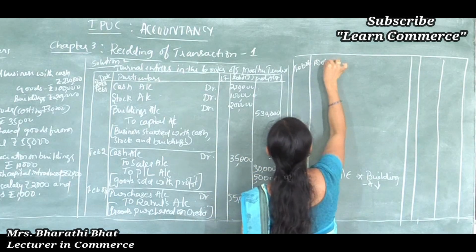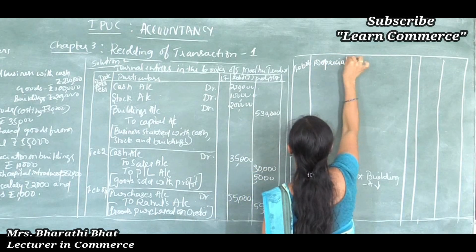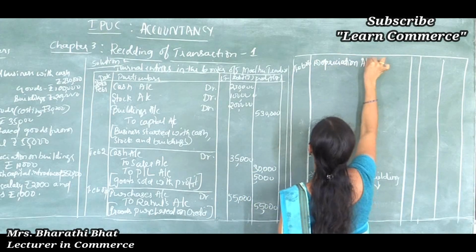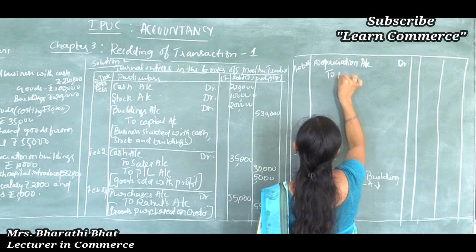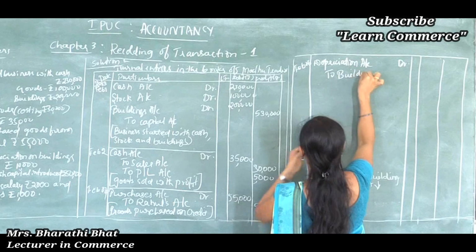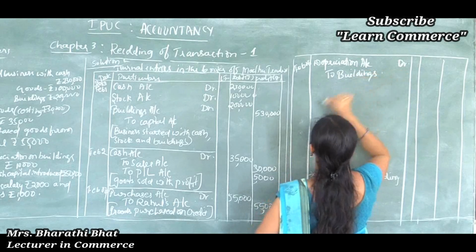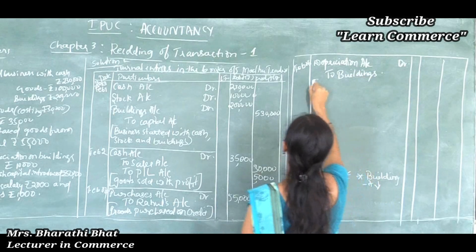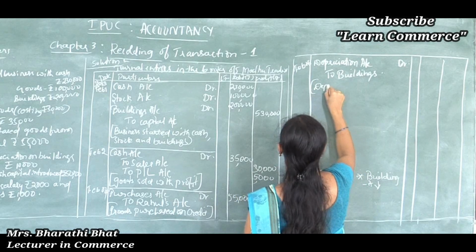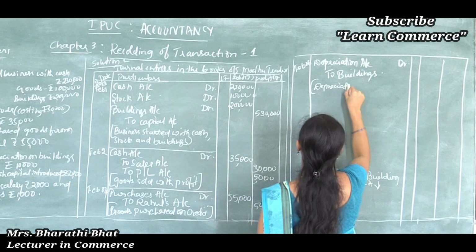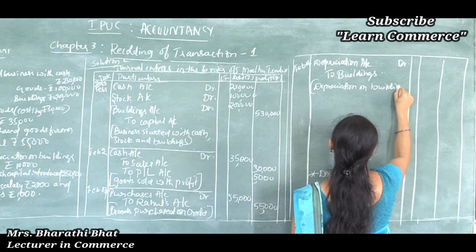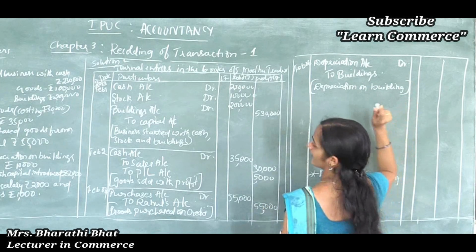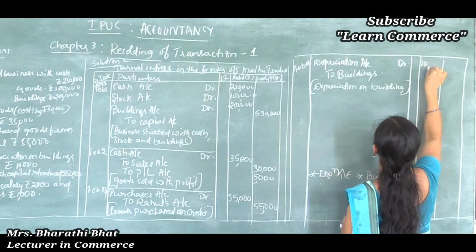We write the debit aspect in the first line: Depreciation account debited to buildings account. Narration: depreciation on building. Amount 10,000.